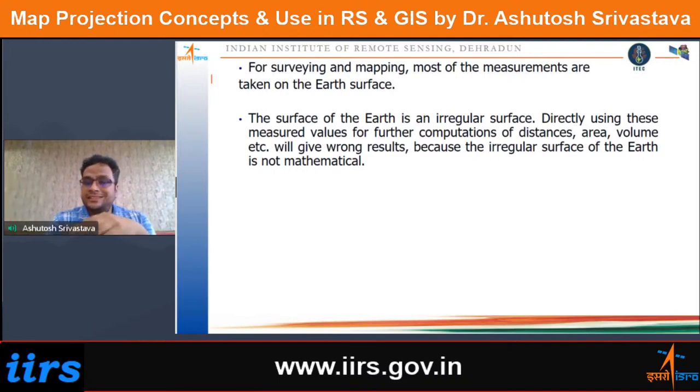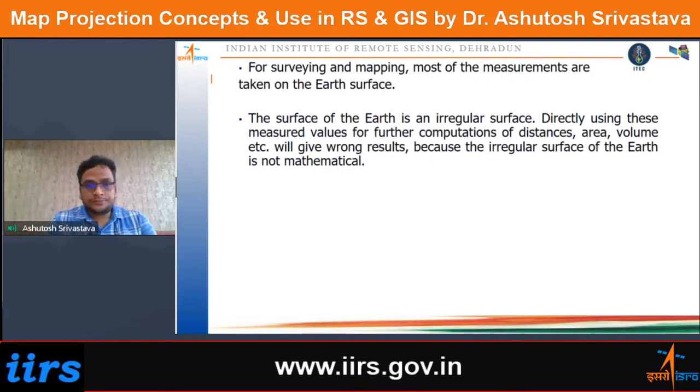The surface of the Earth is an irregular surface. Ups and downs are there. So we cannot use this surface. What do we have to do? We have to do the modeling of the Earth. We have to define one mathematical model on which we can derive our reference points, latitude, longitude, and do the computations more generally. So we are going to derive the geometry of the Earth.